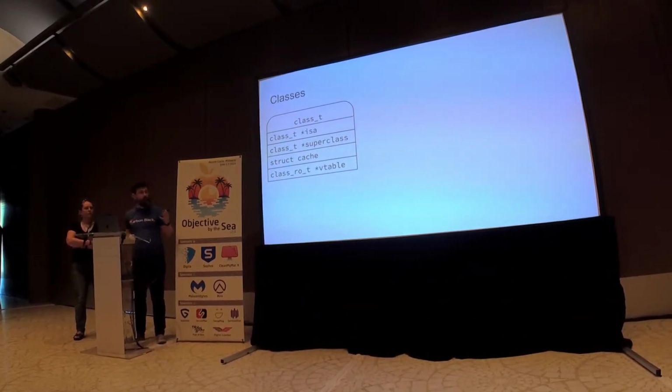So the class structure looks like this. The first two pointers are related to the type itself. So ISA is either going to be a pointer to a meta class object, which is, I guess you could call it the type, or it's going to be null, I guess, which is indicating that it is a meta class, because meta classes are classes that you can pass into class methods.